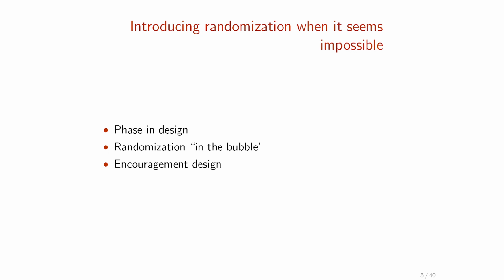So that happens, actually less often than you might think, but it happens. And in that case, a design that's been very popular is the phase-in design, which is to say, okay, we are going to take these 200 schools, randomly divide them into a few groups, and introduce the program progressively.